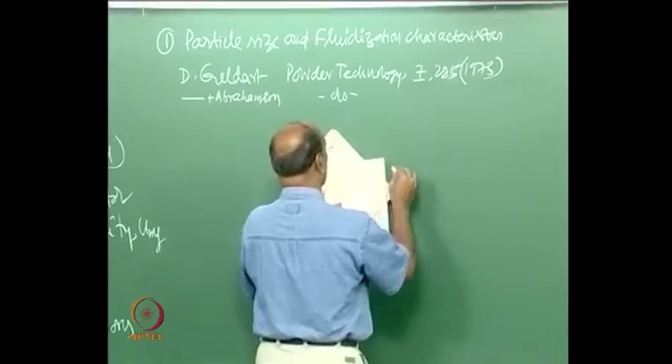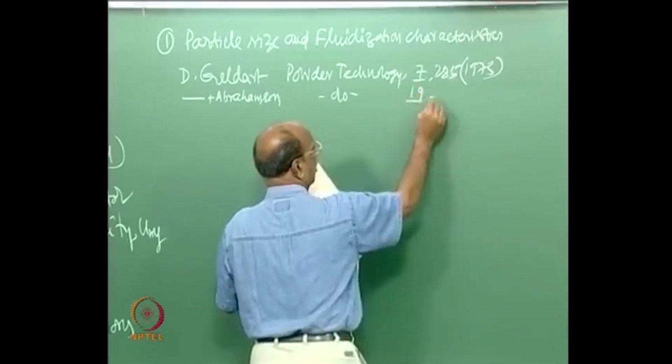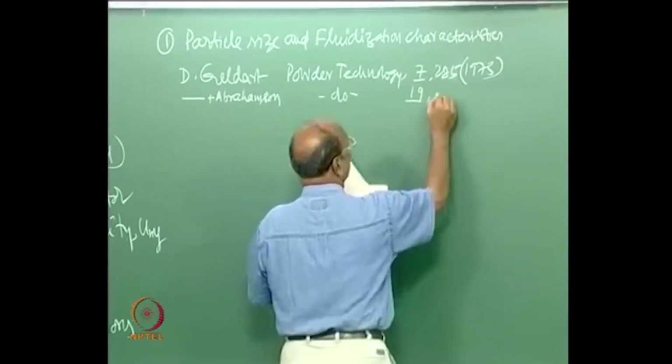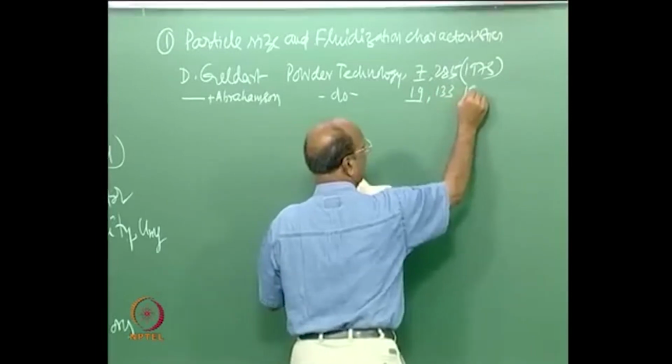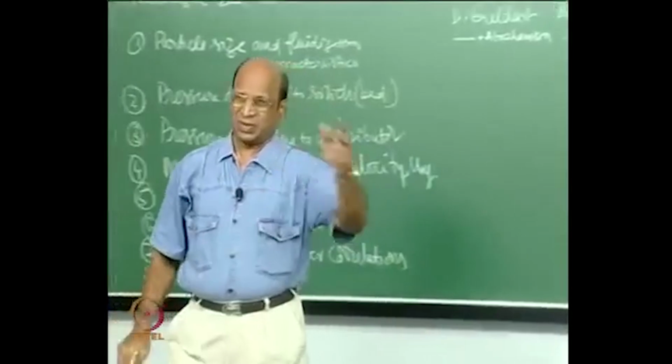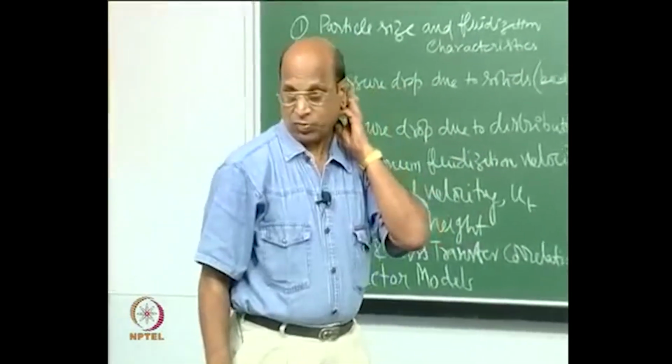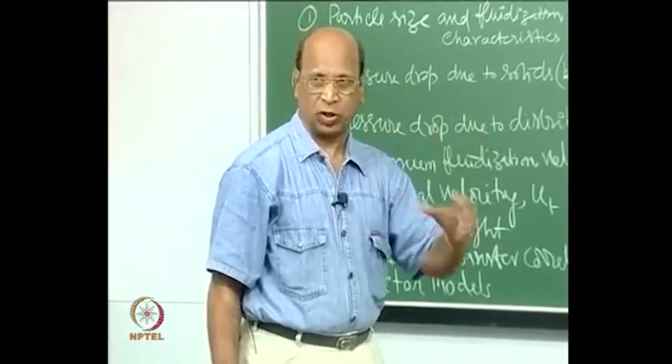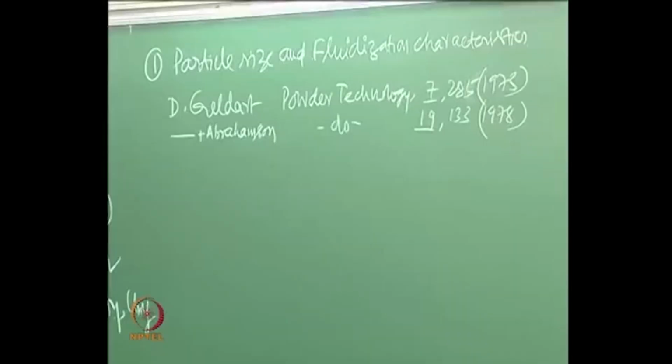Okay. So, this is volume number 19, page number 133, 1978. So, they slightly modified the old graphs, and then that is slightly more reasonable, because it is an empirical observation.